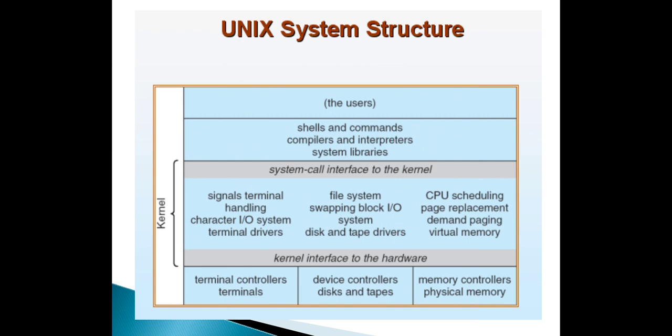In the input output system we have various terminal drivers and character based IO systems, and in the file system we have the swapping mechanism, either in block input output, string input output, or character input output.